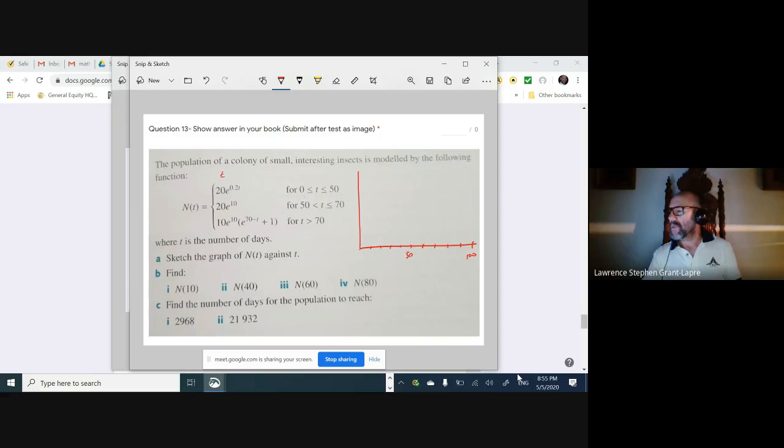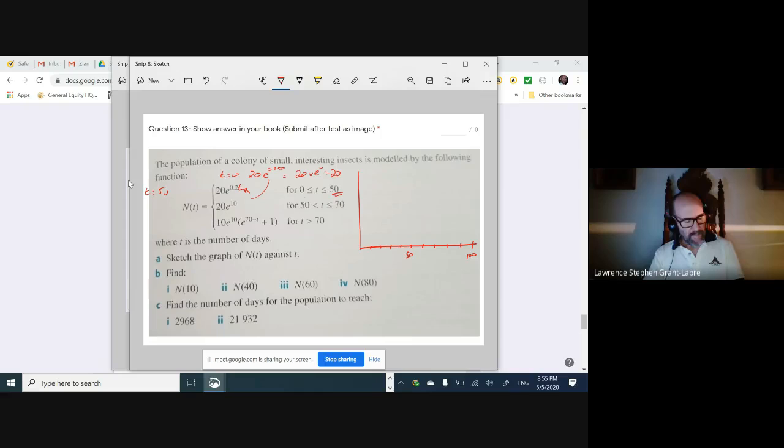Okay, now for the first part, 0 to 50, it starts out when t is 0. So when t is 0, 20 times e to the 0.2 times 0 is 20 times e to the power of 0, you should get 20. Up to 50, it's positive, and it's exponential. I'll put a 50 in here when t equals 50.